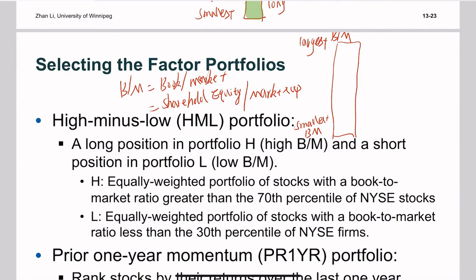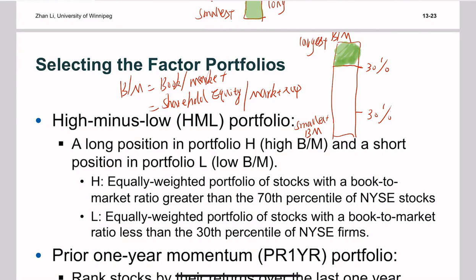Right? So you can see that here we will find the top 30% and the bottom 30%. For the top 30%, which has the largest BM ratios, these are the value stocks.